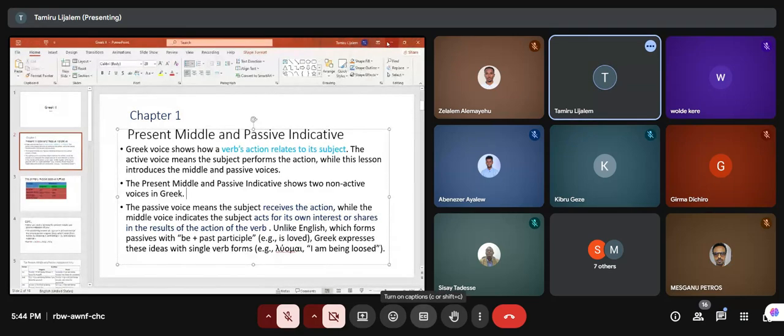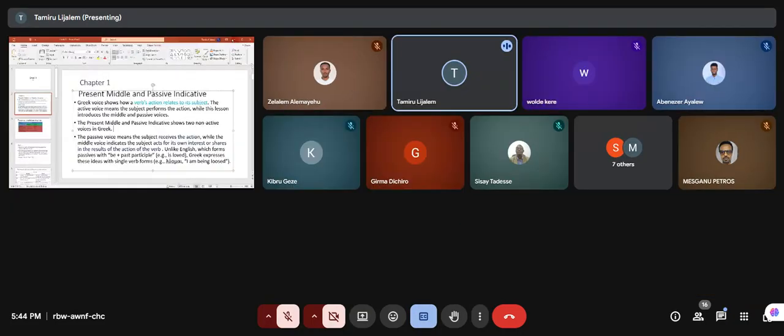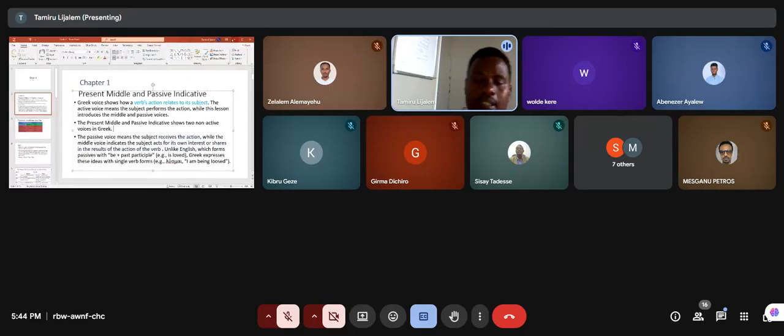So the person is identified by adding these prefix, suffix, and infix. In English, a pronoun must be added to the verb to discover the person.